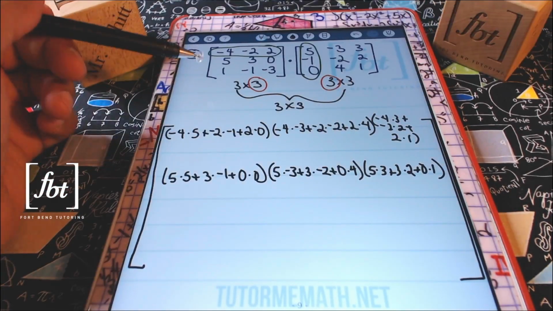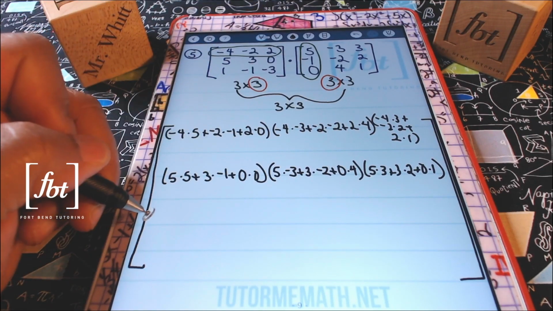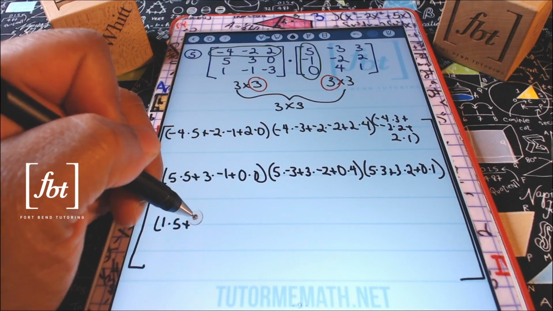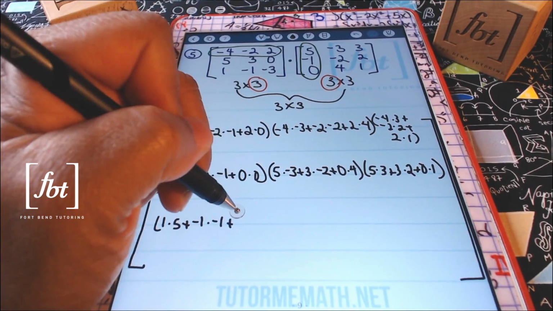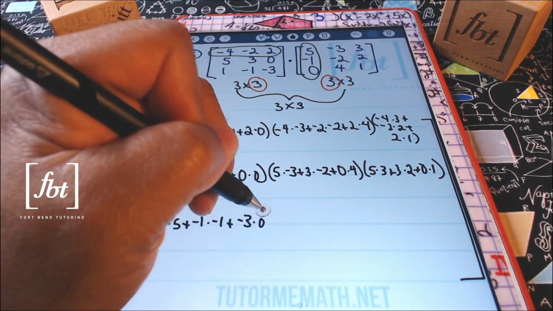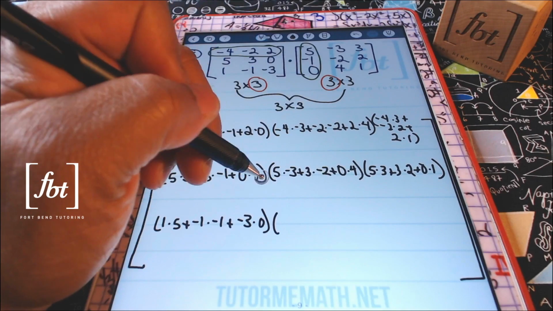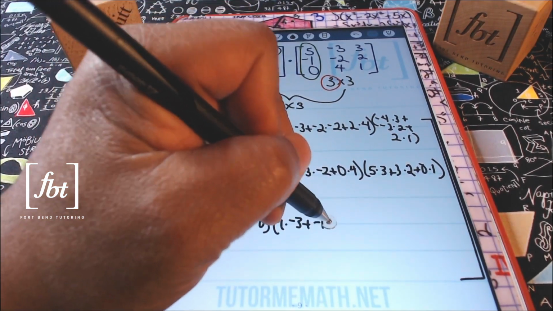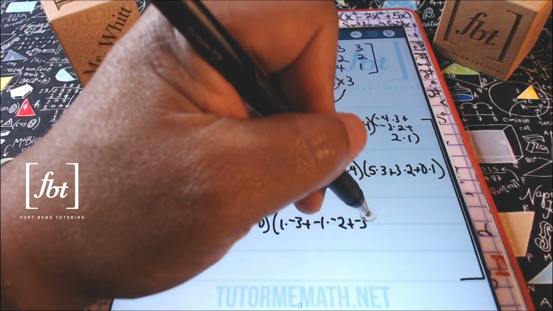All right. Now, going across the third row, down the first column, you'll have 1 times 5 plus -1 times -1 plus -3 times 0. We move across the third row and down the second column now. You'll have 1 times -3, -1 times -2, and -3 times 4.